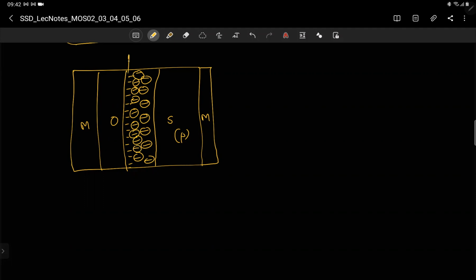This inversion layer I can contact, because that is electrons. I contact with N plus, so that only electrons can come and go out of this N plus region. So this is how I contact a negative charge.